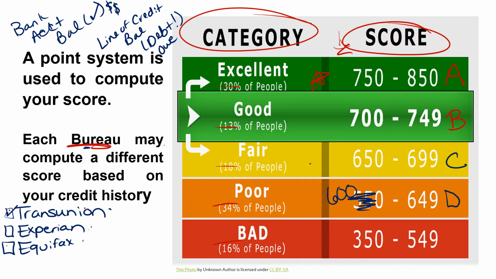A poor credit score communicates a few things. You may not be in a position to take on any additional debt. Now, this is where the industry doesn't really harp on it as much, but you need to understand: sometimes life happens.